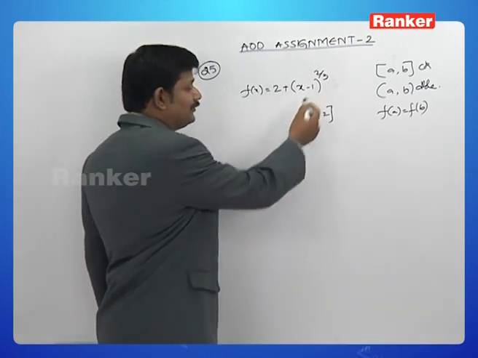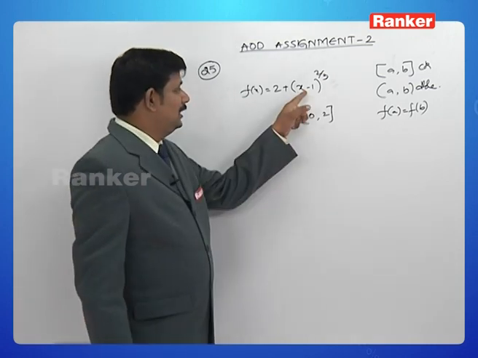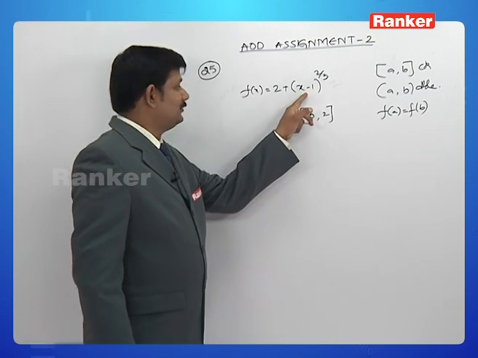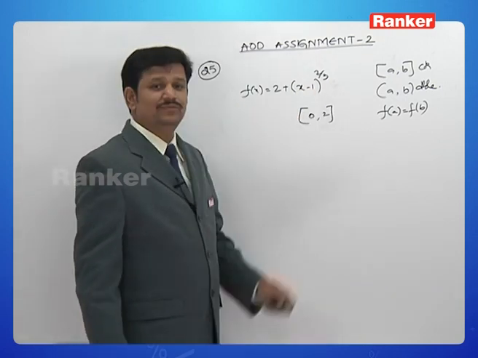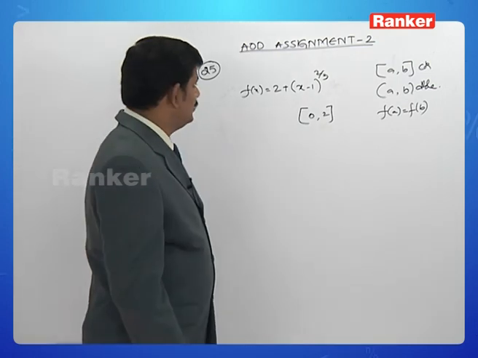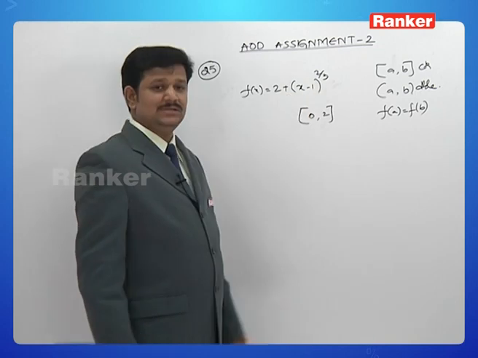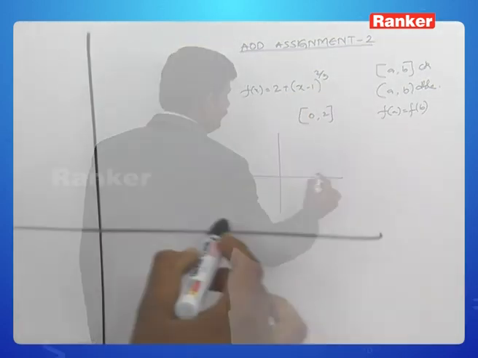It is continuous function in 0 to 2, but if we see derivative at 1, the derivative left side and right side limits will both be infinite. The function is not differentiable at x is equal to 1. We have a cusp. If you see the graph of 2 plus x minus 1 whole power 2 by 3, this is how the graph would be.